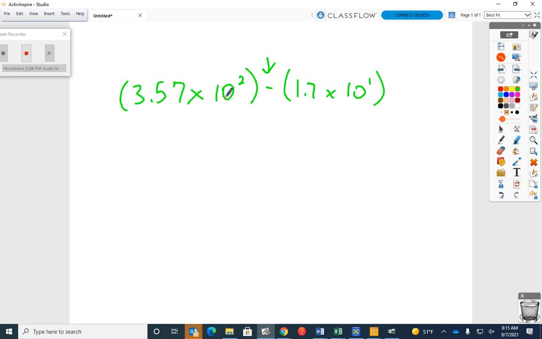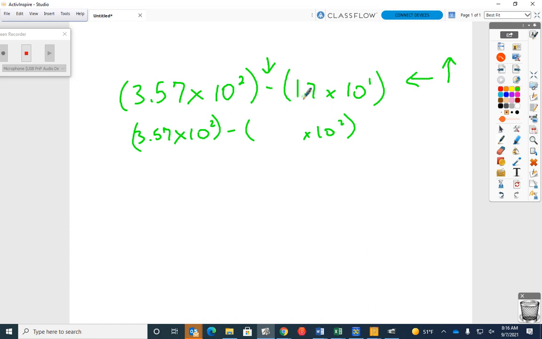We're going to go up to 2. So what happens to this one? It stays exactly the same. This stays subtraction. Now this exponent is going to go up to 2. Once again, if I go up, where does my decimal go? Left.